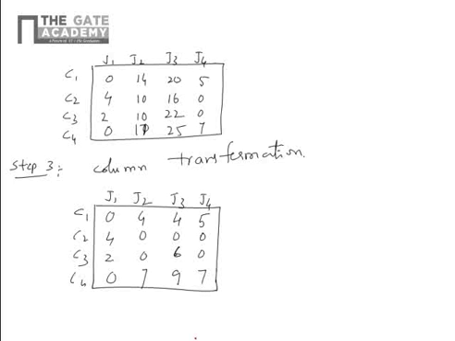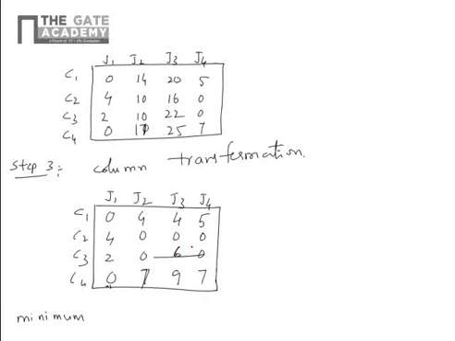After getting this, try to cover the zeros with the minimum number of lines. Suppose I cover with this one, this one, this one.